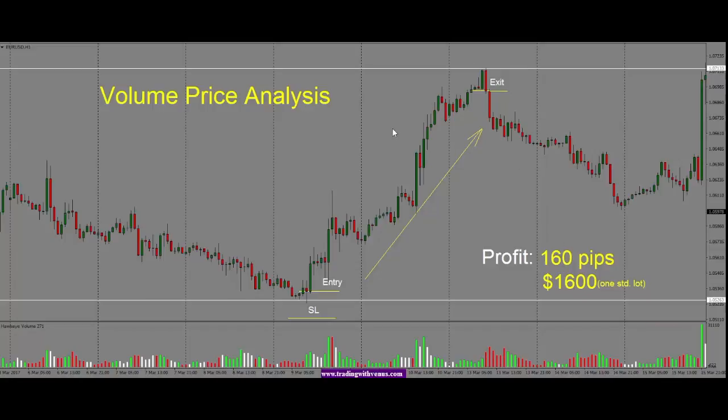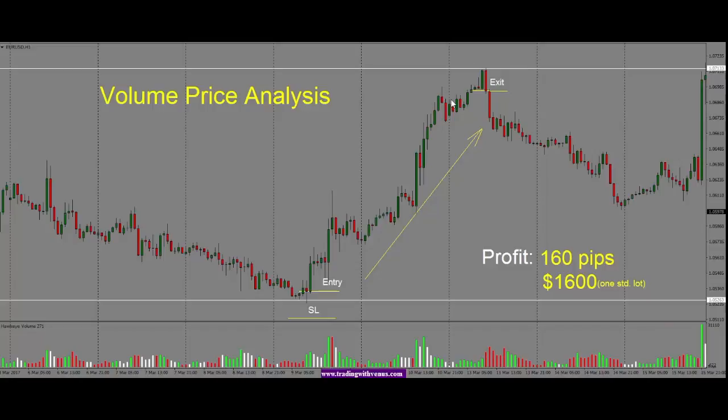So just to recap here, volume is a good tool to use with our price action. Once we see a confluence between what the price is doing, our technical analysis, as well as buying volume coming in here, this is a good place to enter the trade, and we stay with the trade for as long as the price is moving higher, as well as we see that the volume is all green.